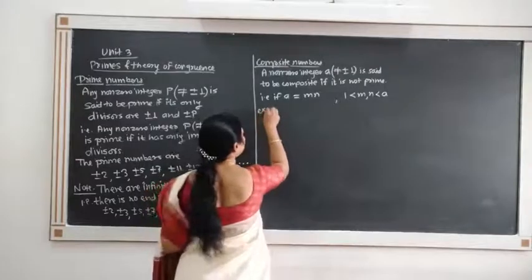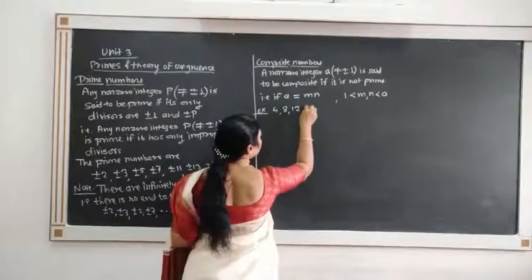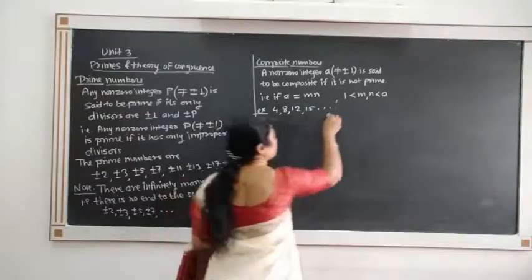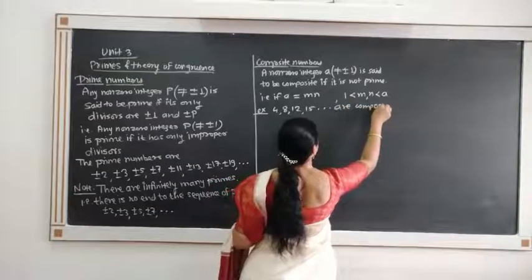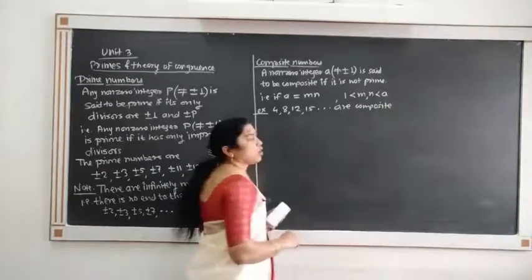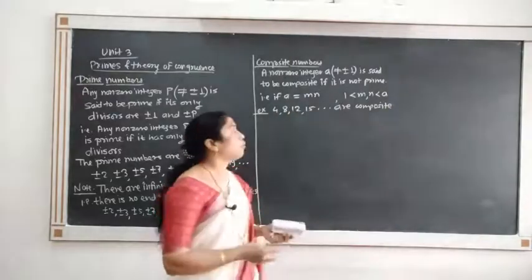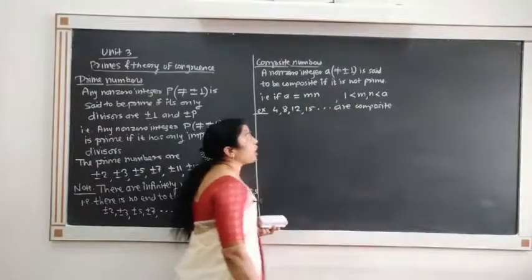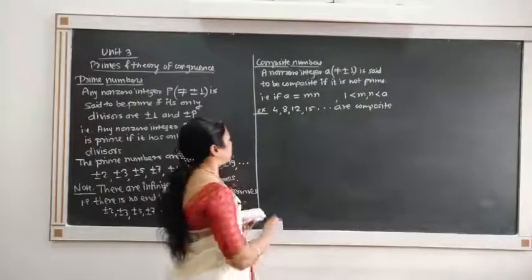For example, 4, 8, 12, 16, 15, all these are composite numbers. So if a can be expressed as a product of numbers which lie between 1 and a, we say that a becomes a composite number.